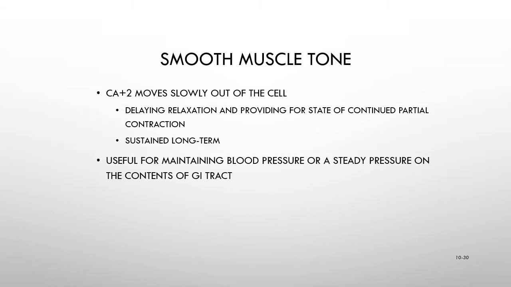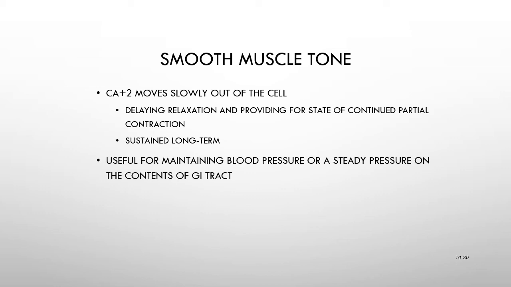Smooth muscle is going to have potential tone in it as well. With all of that calcium moving slowly into the cell from the outside of the cell, it does take some extra time for that to occur. And so we're going to have a sustained contraction that is going on. There's also going to be this partial contraction almost all of the time within the muscle itself, so there's going to be quite a bit of tone there.